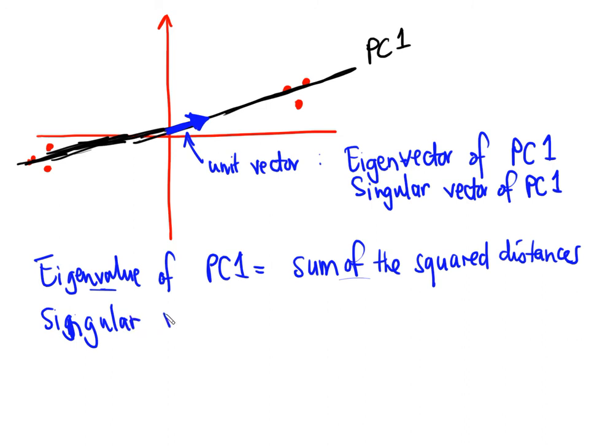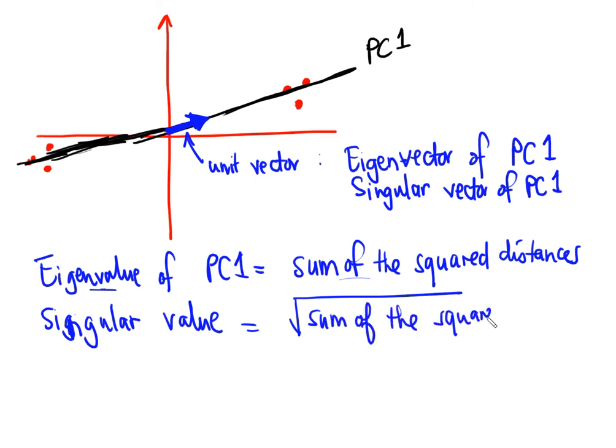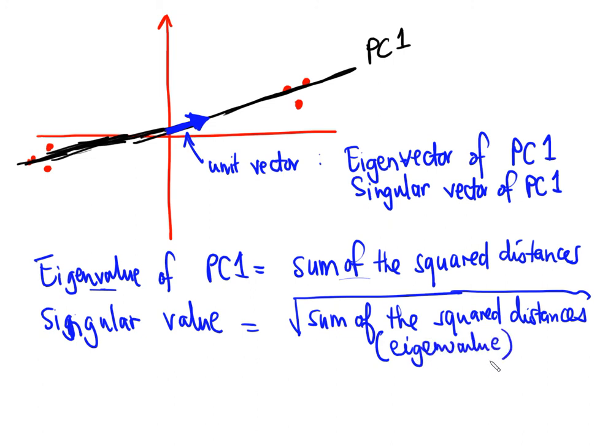They are all interconnected, so don't worry about the terms. The singular value is just the square root of the sum of the squared distances.